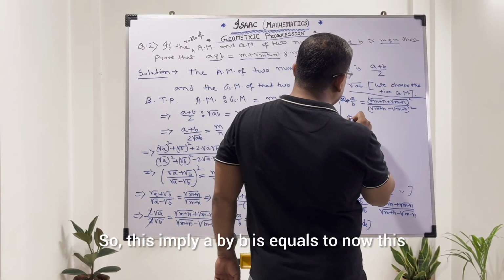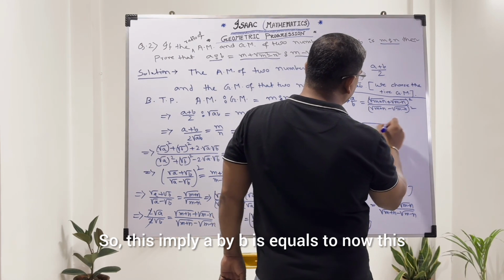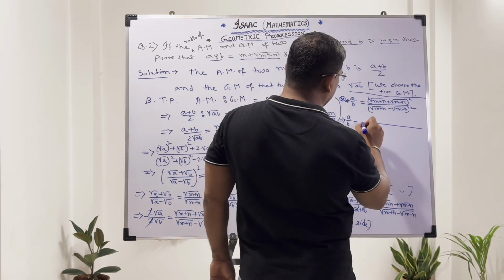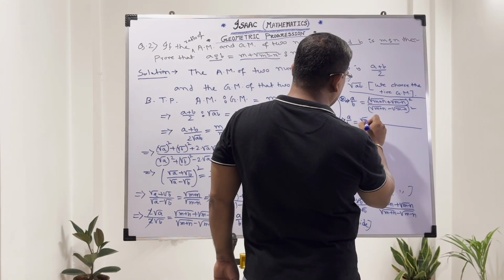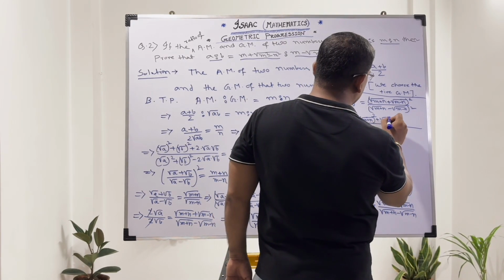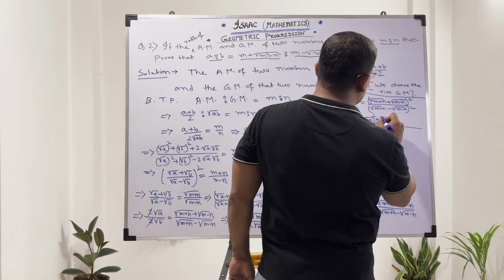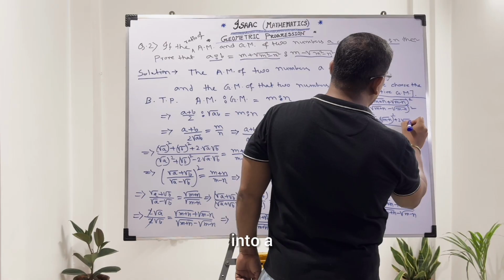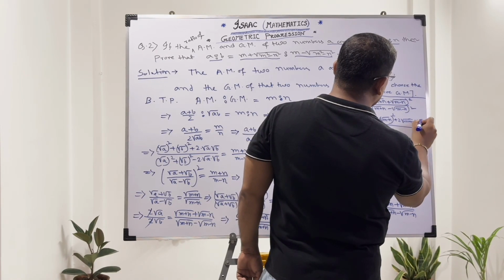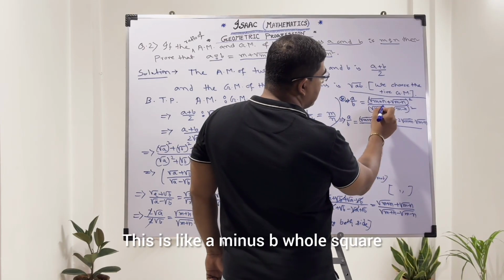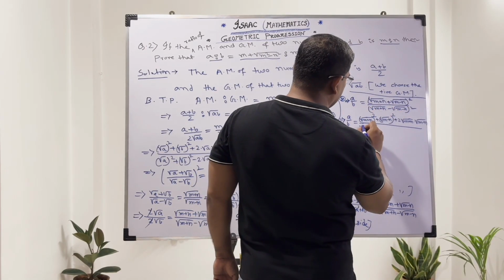So this implies a by b equals, now this is like a plus b whole square, a square plus b square plus 2 into a into b, and this is like a minus b whole square.